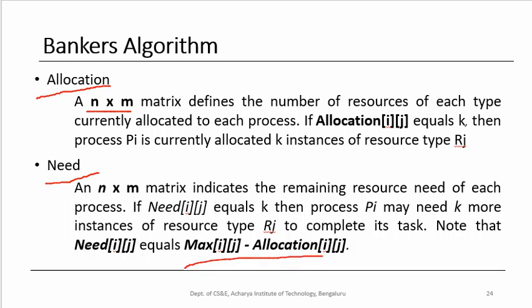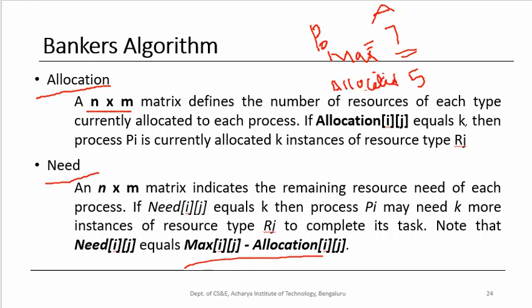For example, a process, let's say P0, wants a maximum of 7 instances of a particular resource type A, and it is currently given 5. So this represents max, and this represents the allocation of process P0. I made a mistake here.